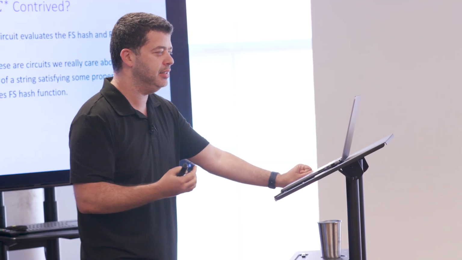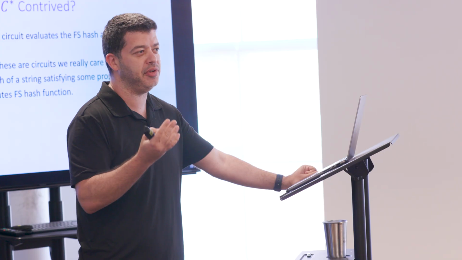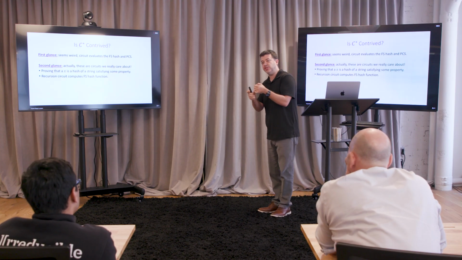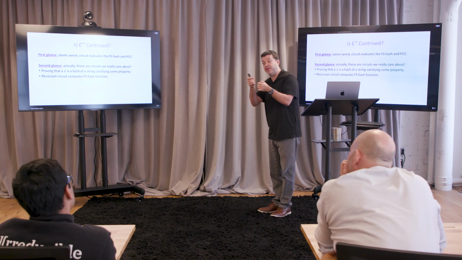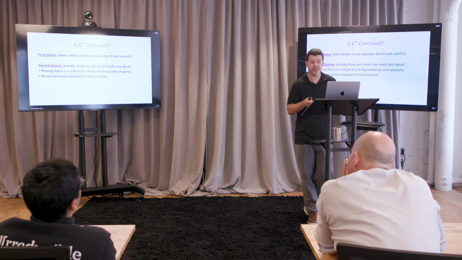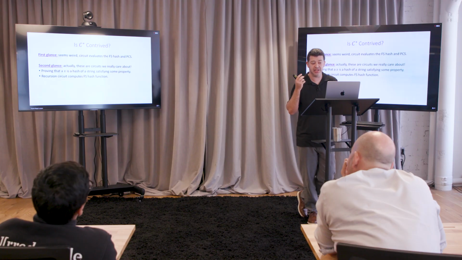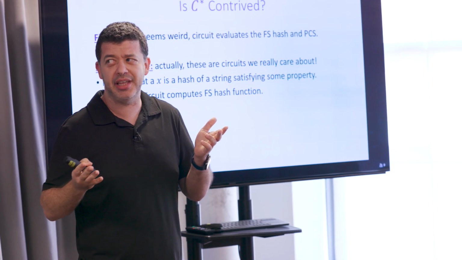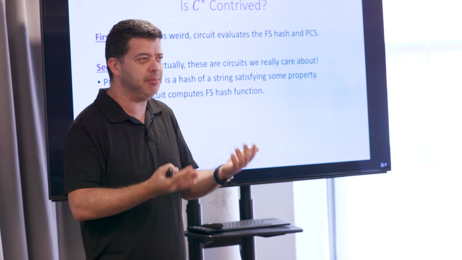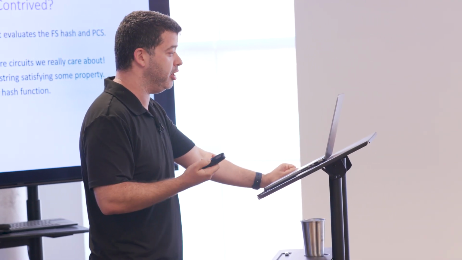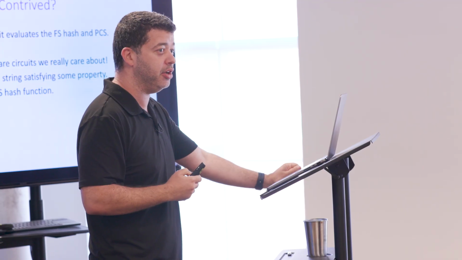And this can help a lot in different aspects of efficiency. When you do this, by definition, your prover is proving stuff about the Fiat-Shamir hash function. So I would say for the circuit to include the Fiat-Shamir hash function happens all the time. The PCS is maybe not as frequent, but then again, PCSs are often implemented using hash functions. So I would make the argument that C star is not at all contrived.